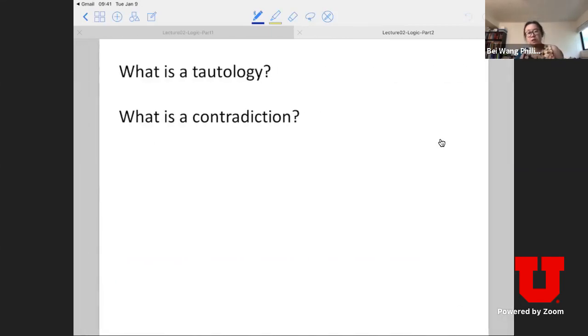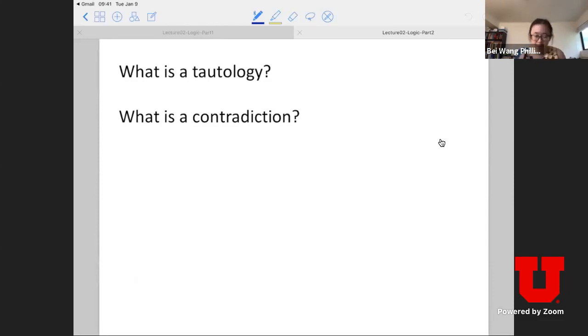So now let's quickly review what a tautology is. Okay, a tautology is a proposition that is always true, and a contradiction is a proposition that is always false.